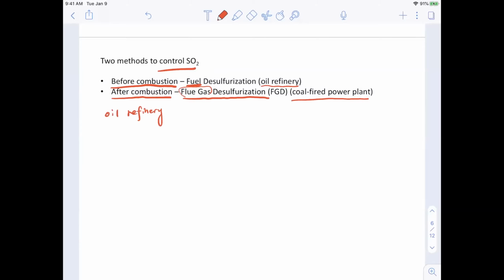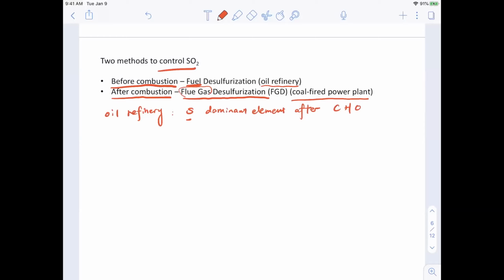As a matter of fact, when we talk about crude oil, sulfur is the most dominant element after carbon, hydrogen, and oxygen. So the sulfur content in the crude oil is very high.